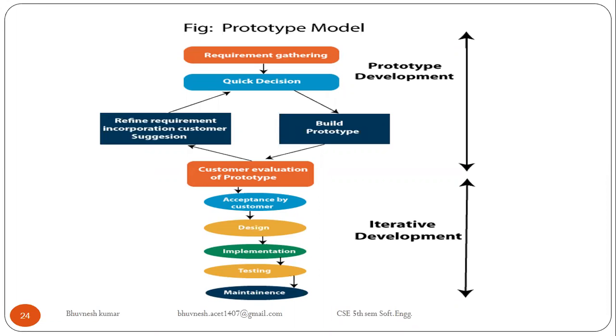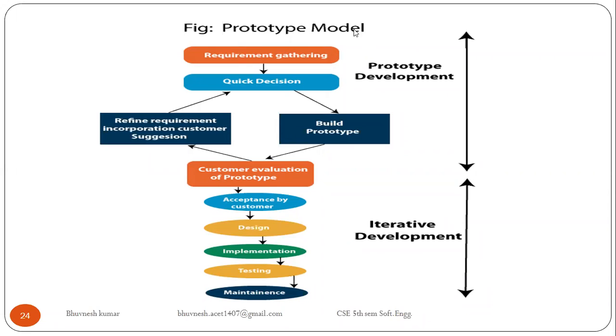He will check that dummy and accept it, and the project will be worked on according to his need, or a toy will be made according to the customer requirement. Then if that model or software is accepted, we will create the proper model. First of all, we will create a dummy. You can say a prototype model, you can say a toy model.